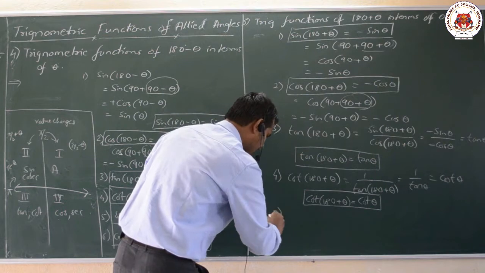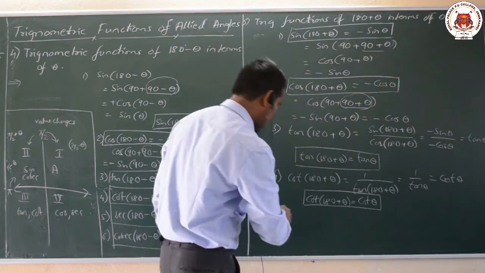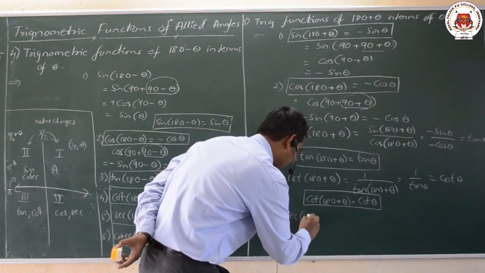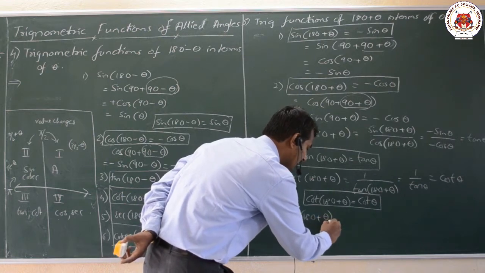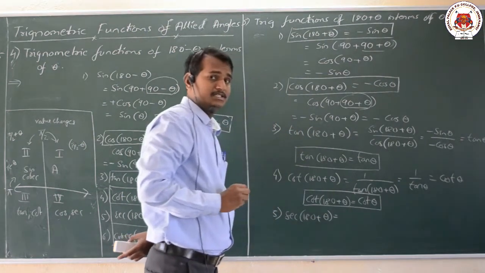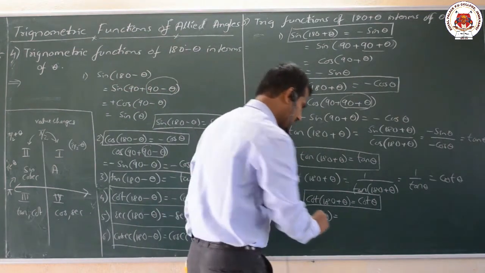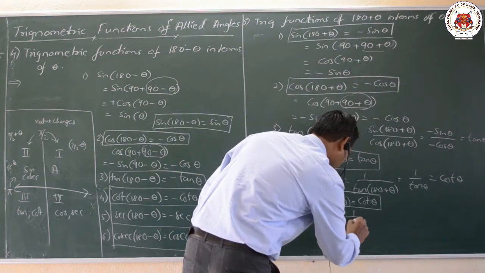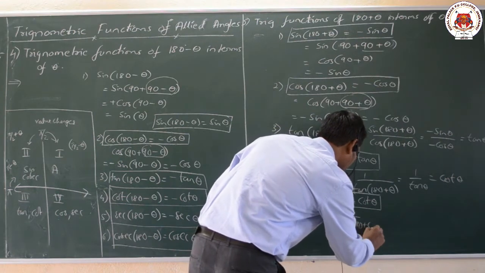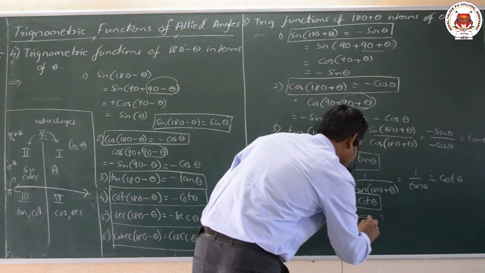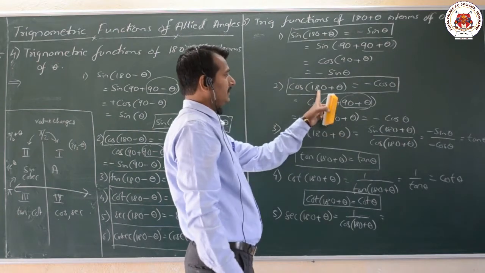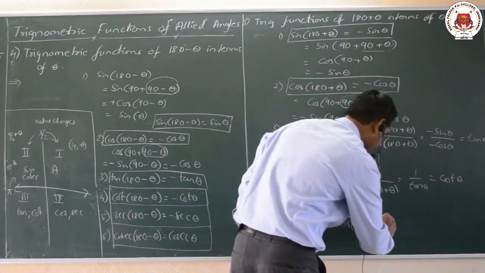Next, the fifth one. We know that is secant of 180 plus theta. Dear students, secant means 1 by cos, 1 divided by cos of 180 plus theta. Here cos of 180 plus theta is nothing but minus cos theta.